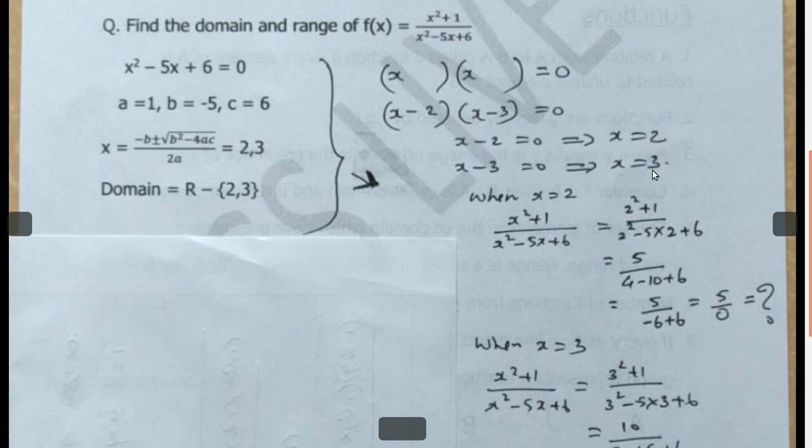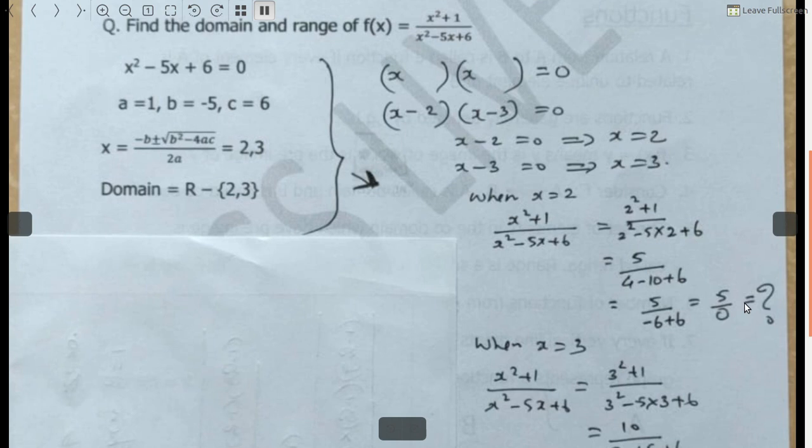These values 2 and 3 cannot be substituted in the denominator. What happens when you substitute x = 2? 2² + 1 divided by 2² − 5 × 2 + 6. 2² is 4, 4 + 1 is 5, divided by 4 − 10 + 6. 4 − 10 is −6, and −6 + 6 is 0.